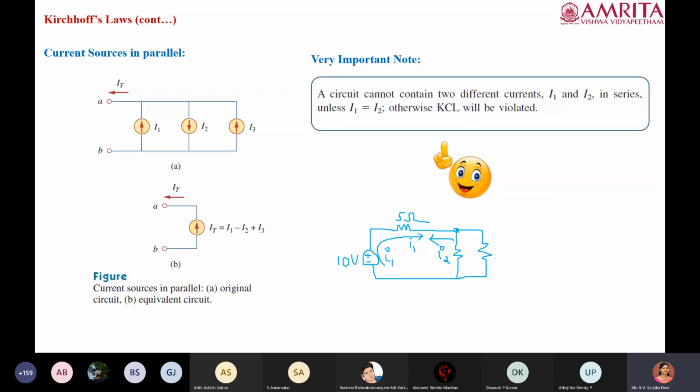But the same I2 will flow through the 5 ohm and the 10 volt. In terms of direction, they are opposite, so we can say that I2 is minus of I1, but the same I2 will flow through the 5 ohm as well as the 10 volt.